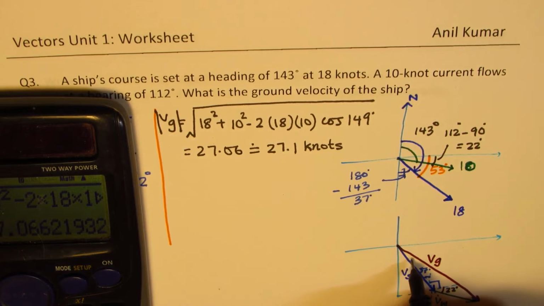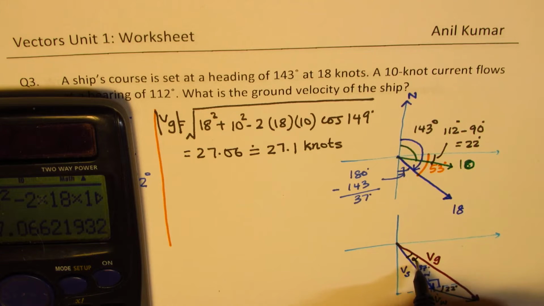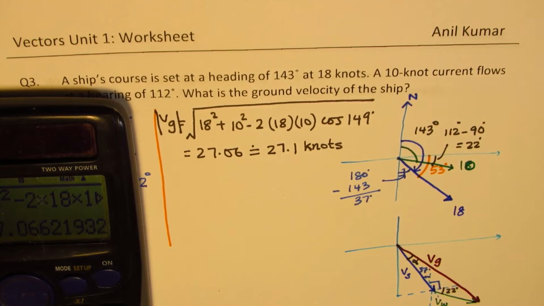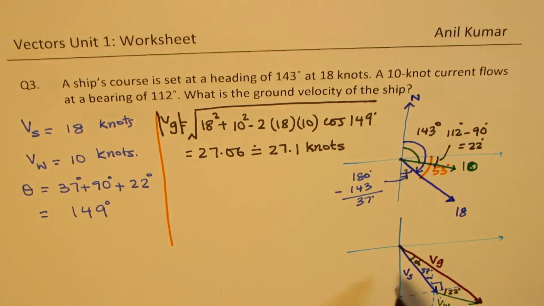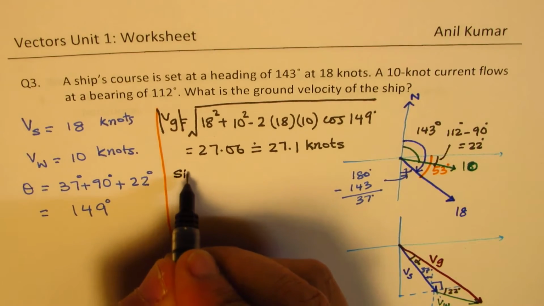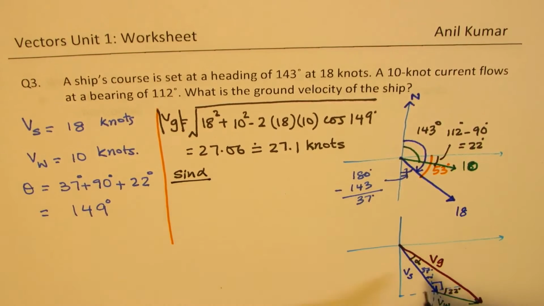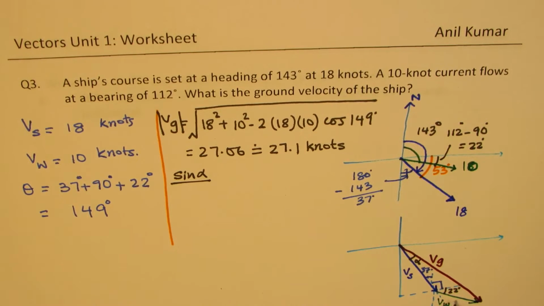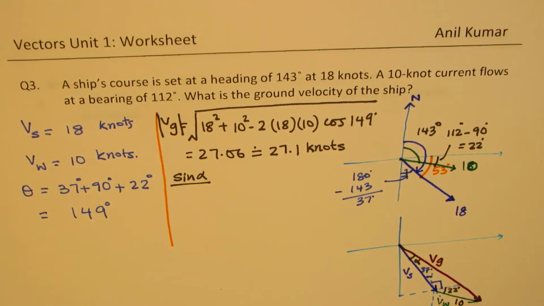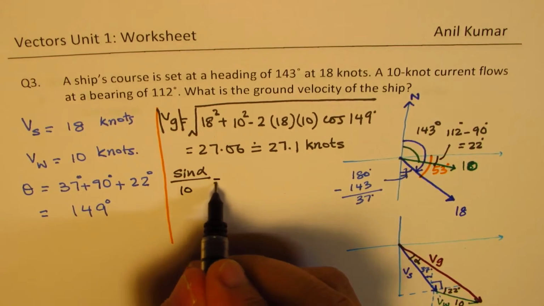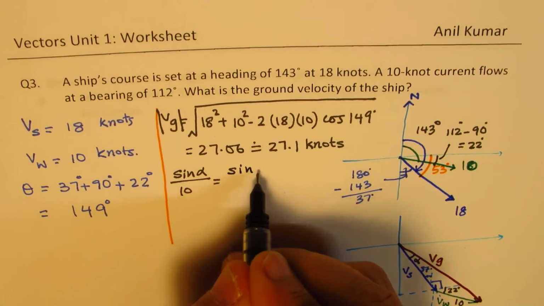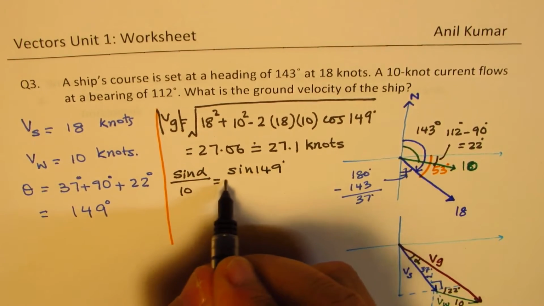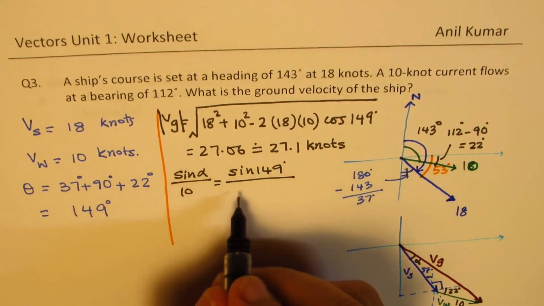So to find the direction, let's say this angle, we call this angle as alpha, for example. We can use sine law, right? So to find the direction, okay. So we can say sine alpha over the side opposite is represented by 10 equals to this angle in between is sine of 149 degrees over the resultant which we just calculated.